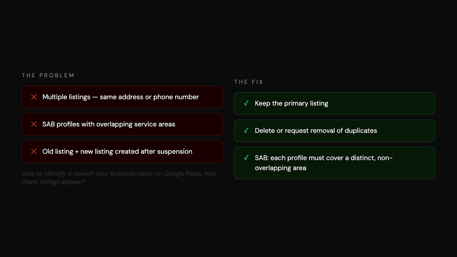So to identify this issue, search your business name on Google Maps right now, see how many listings appear, and ask yourself if you have created in the past another Google business profile, another listing for your business. If the answer is yes, then it may be one of the triggers, or the trigger that caused your suspension.